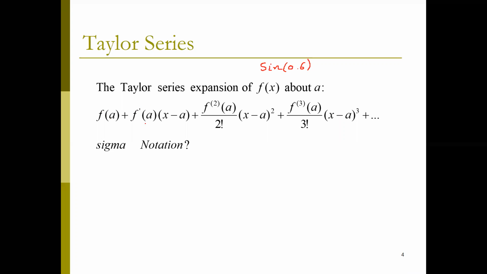What is f dash a? f'(a) is the value of the function's derivative at a, multiplied by (x minus a). x minus a is the value of the variable x minus the point at which we are expanding the series. Then the second derivative of the function at a divided by 2 factorial, times (x minus a) whole squared, and so on. The third derivative of the function at a divided by 3 factorial, times (x minus a) whole cubed.